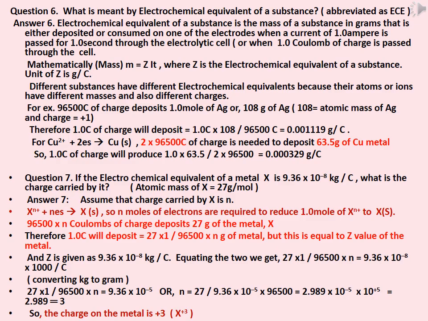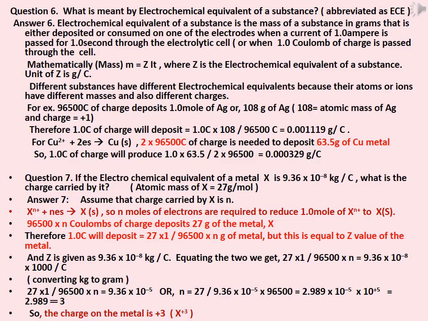So, 1 coulomb of charge will produce how much copper metal? 1 into 63.5 divided by 2 into 96,500, which is equal to 0.000329 gram per coulomb, which is the electrochemical equivalent of copper. So see how we can easily calculate the electrochemical equivalent of any substance.